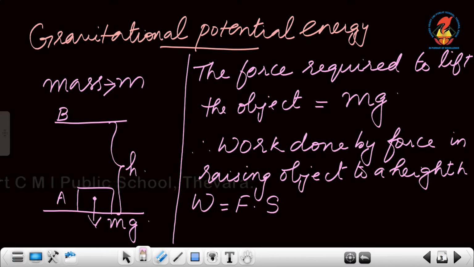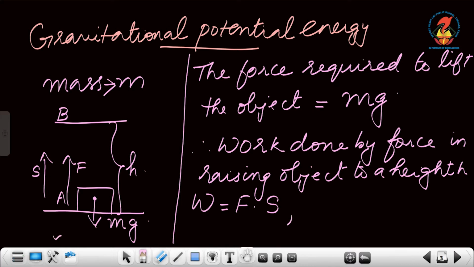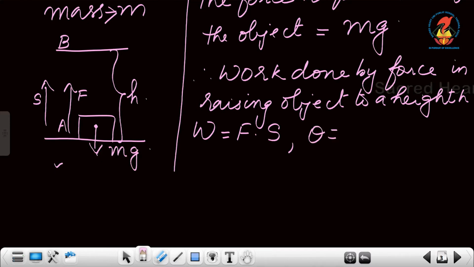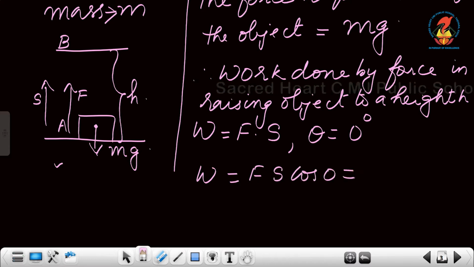Now I am lifting the object in this direction, and the object is also getting displaced in the same direction, which means force and displacement are parallel to each other. Therefore theta is equal to 0 degrees and the work done is equal to Fs cos 0, that is Fs.